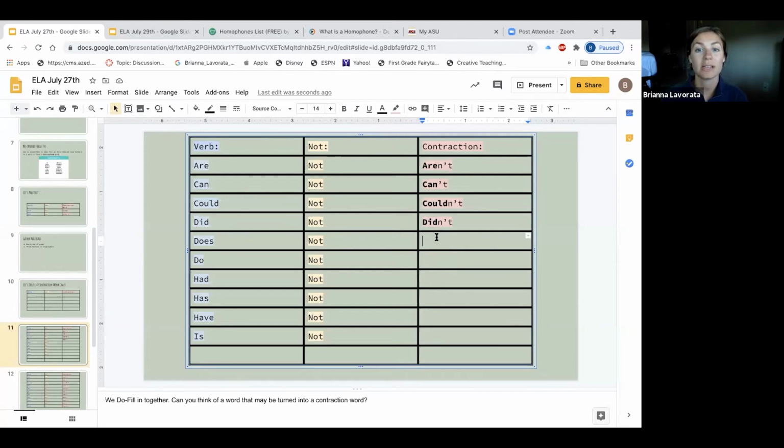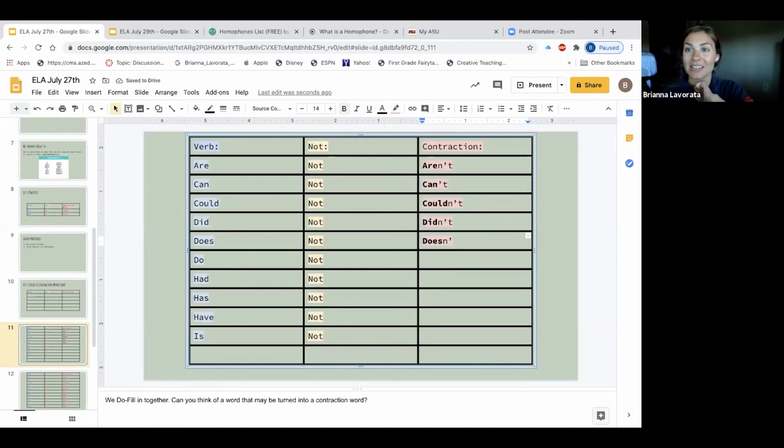So now we have the word does right here, does. Does not. Well, I'm going to write does. What do you think we do now? We wrote the word does, but we have to add our word not. What is the next step here? The next step is to add an N and then to add an apostrophe.